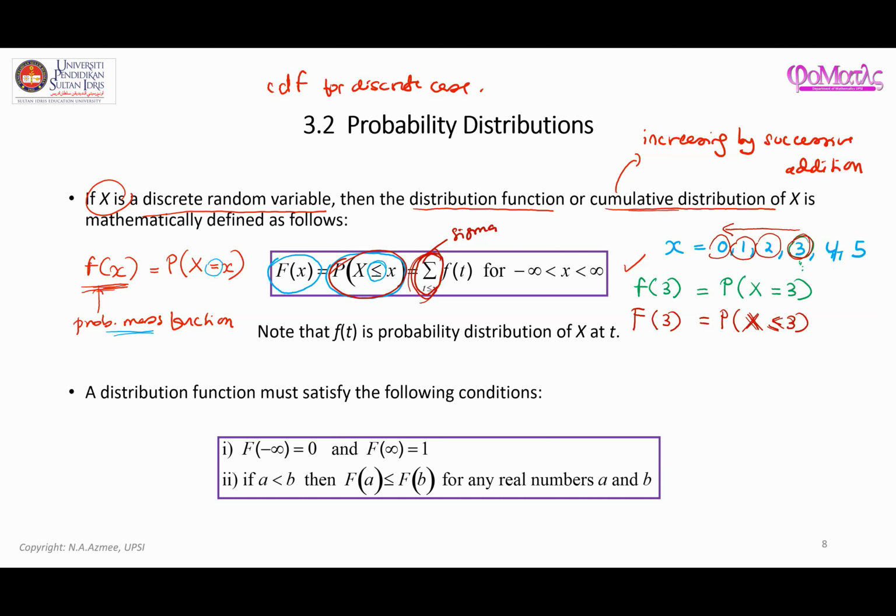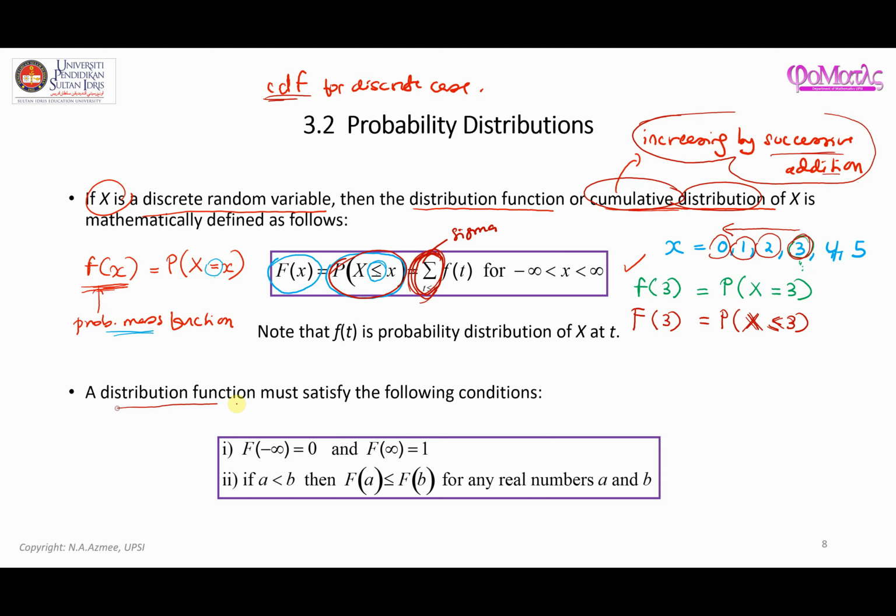Because of this process of adding things up, the name is cumulative distribution, and it fits the definition given here. The value is increased by successive addition. So that's the idea of CDF, cumulative distribution function.